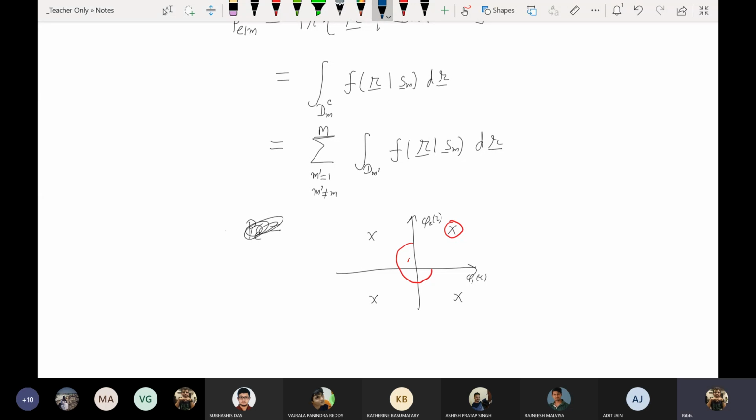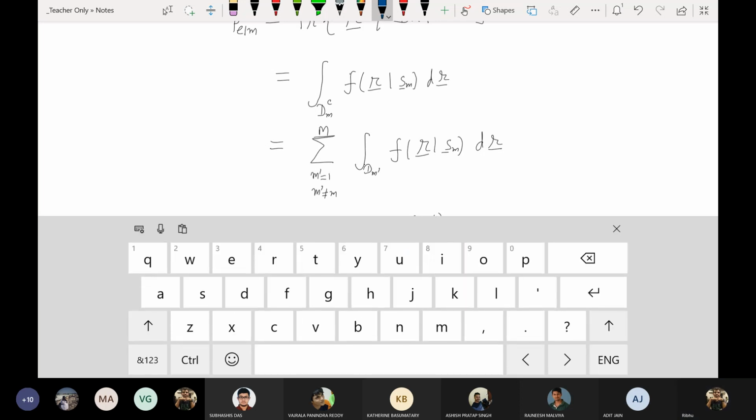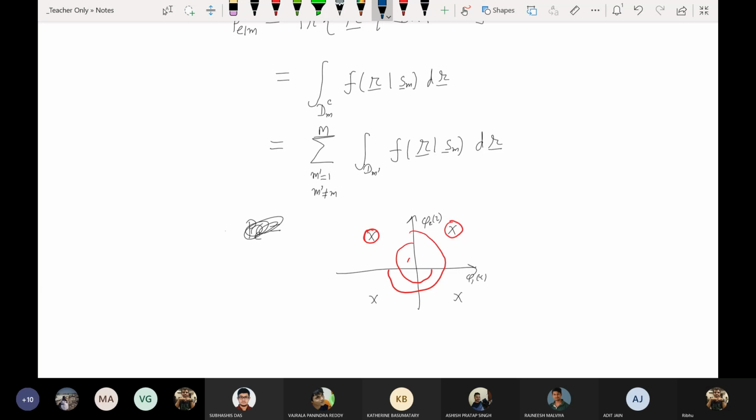Or you transmit this, then the error event will be these 3 quadrants. Makes sense now?